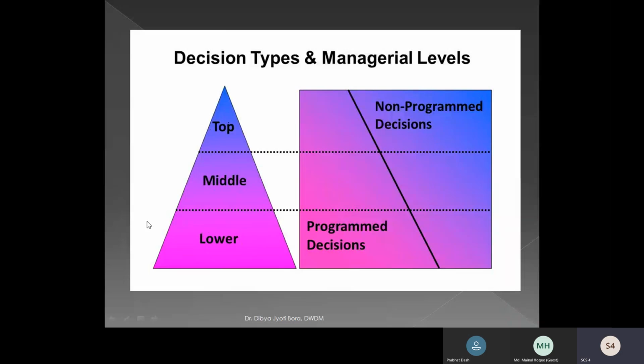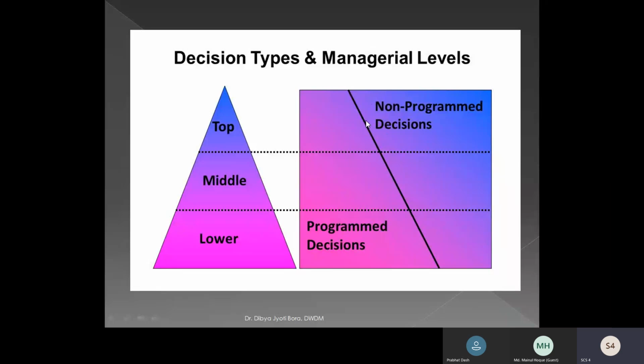So you can see that at the lower managerial level, the decisions that need to go through are program decisions. Then when you go upwards, non-program decisions are made at the top managerial level. At the topmost position, the decisions we have to make are non-program decisions.